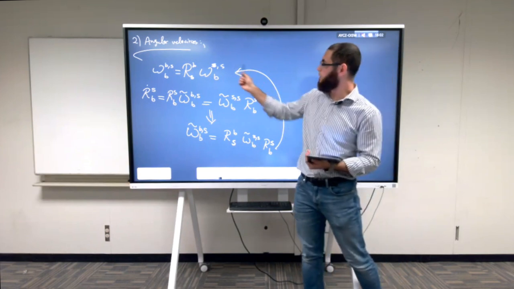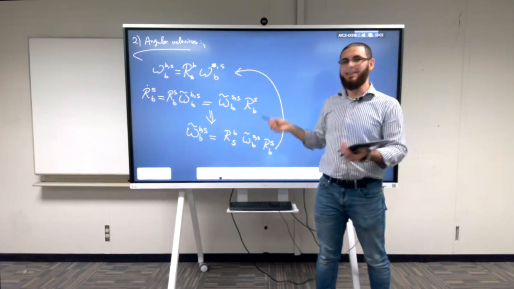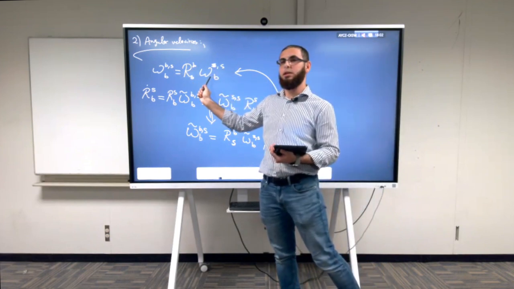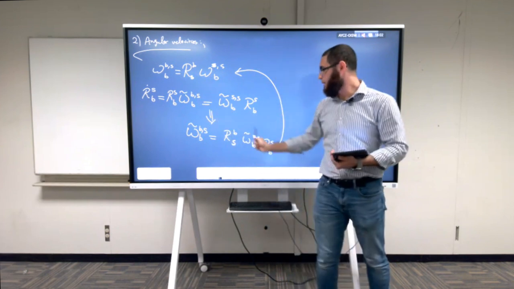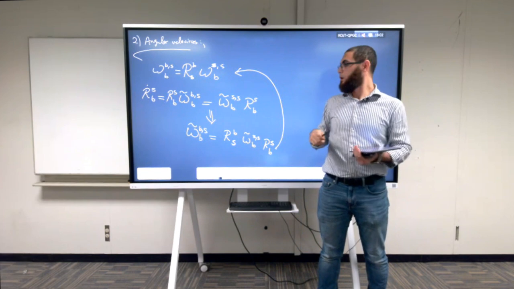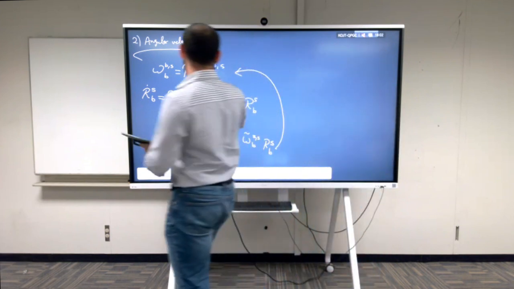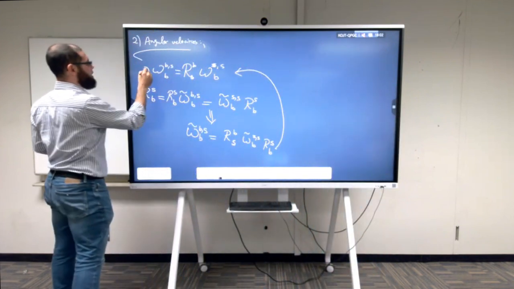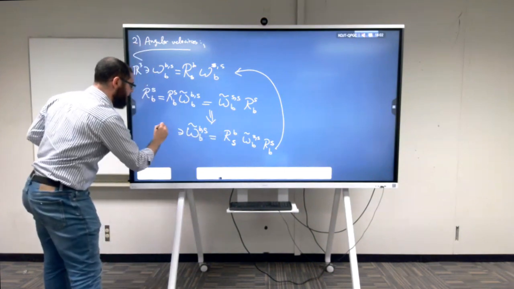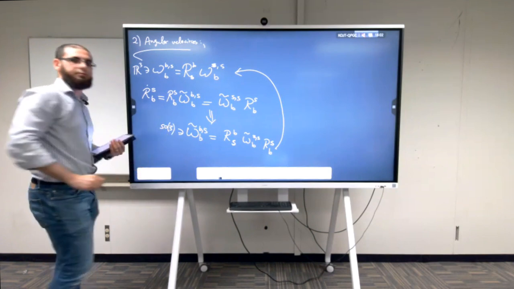And again, you can think of it as an identity: if this is the relation between the angular velocity in vector form, this would be the corresponding relation in skew-symmetric form. So this is how these two elements of R3 are related, and this is how these two elements in SO3 are related.